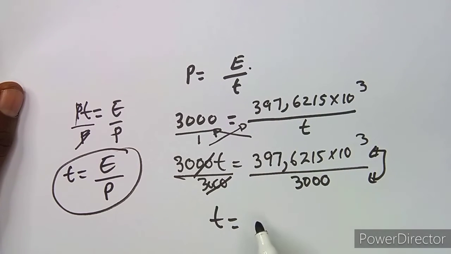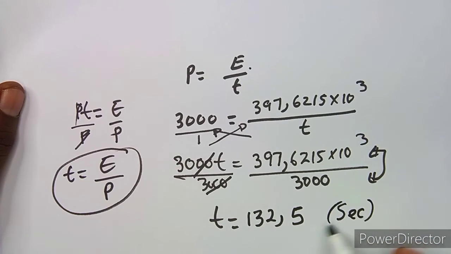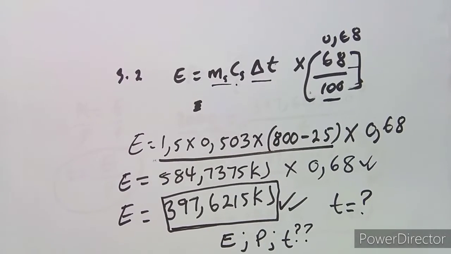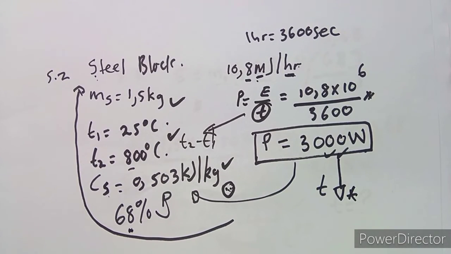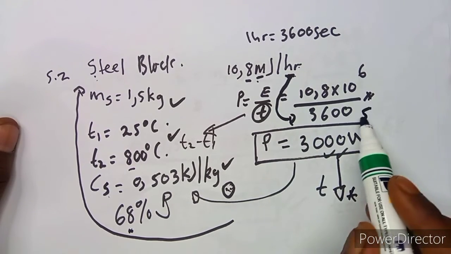So if you use your calculator properly, you're going to obtain 132.5 seconds. Okay, so this is time. Remember, time is going to be measured in seconds, just like what we did here. When we said we had a time of 1 hour, then we had to convert this time to seconds.